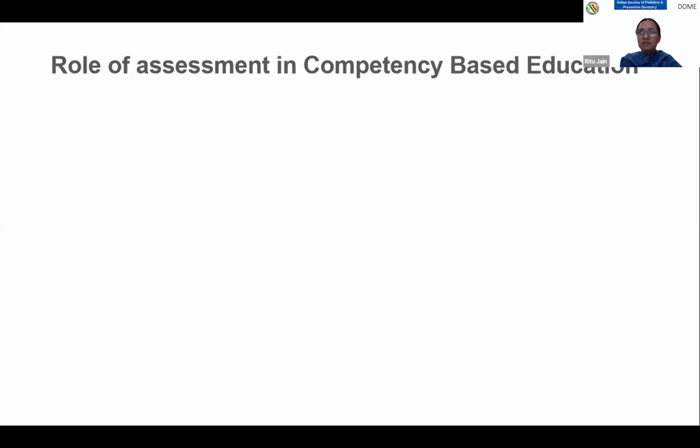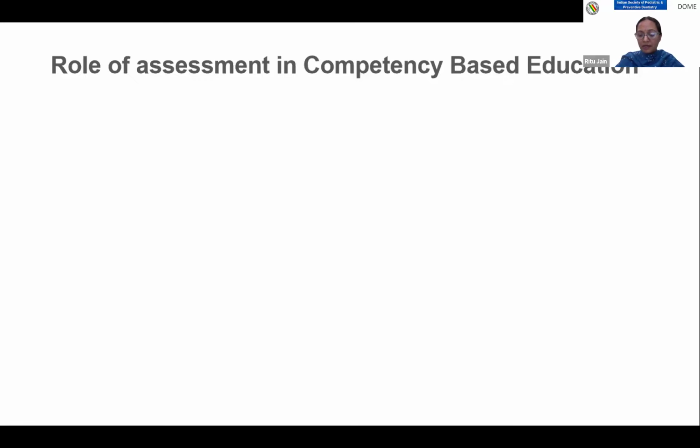As Dr. Deval already mentioned, we need to know at which level the student is right now. So assessment is very deeply embedded in competency-based education and is going to be a very big focus of it. At each level, we will need to generate evidence of the level of competence of the student and how we can improve it further.